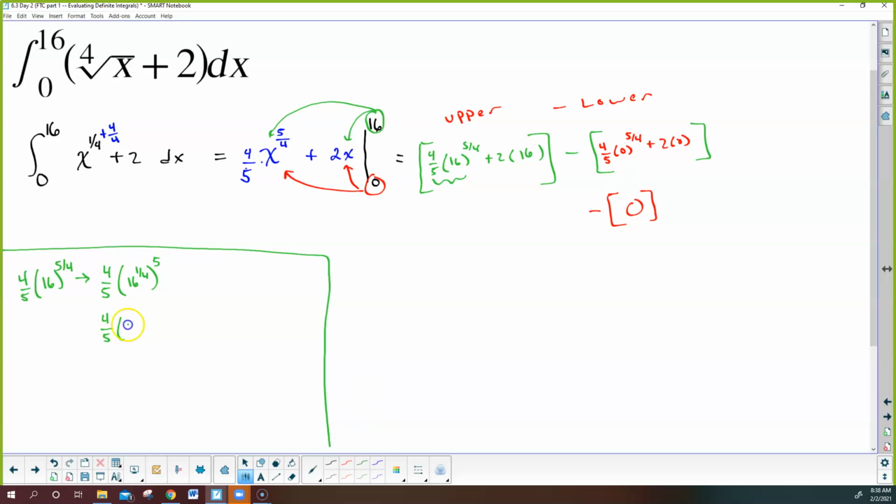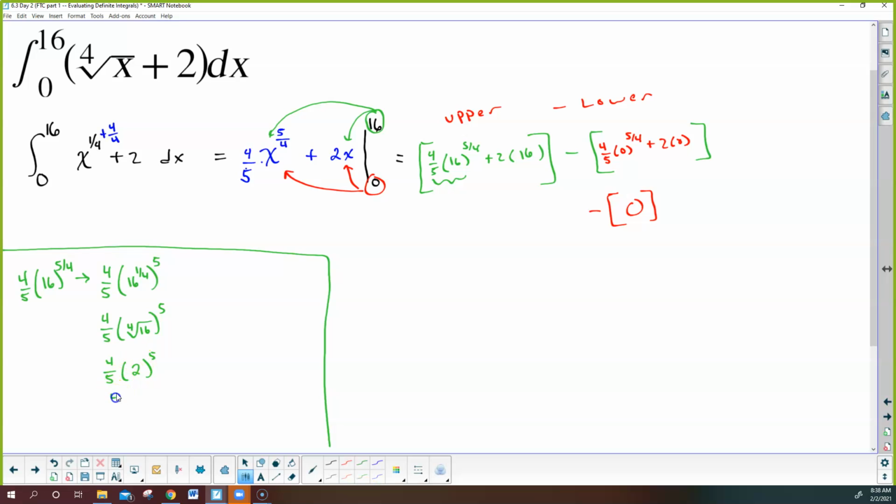And then we know that the 1/4 is the same as the 4th root, excuse me. And then the 4th root of 16 is what times itself gives me 16 4 times? Well, 2 times 2 times 2 times 2. So the 4th root of 16 is 2.